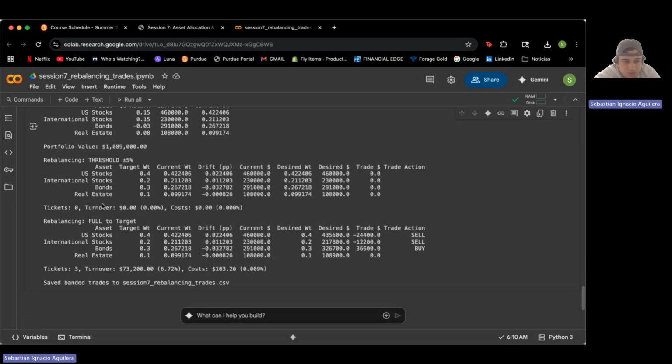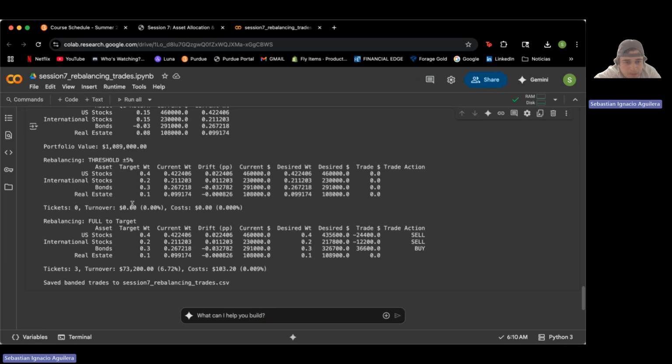So the rebalancing threshold is plus or minus 5%. Here we can see target weight, current weight, drift in percentage points, current amount, desired weight, desired amount, trade, and trade action.